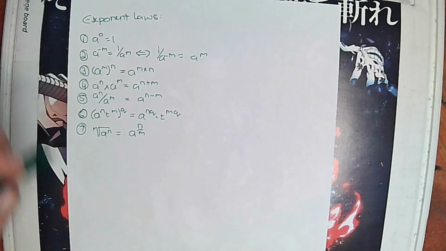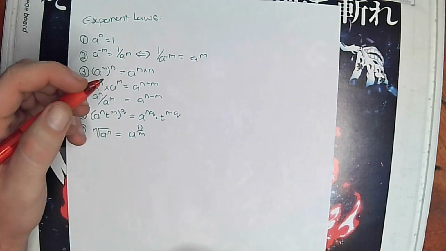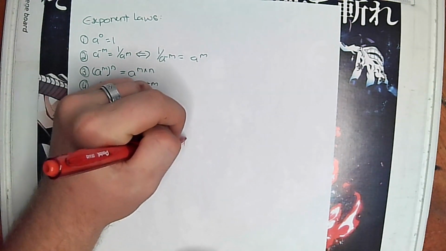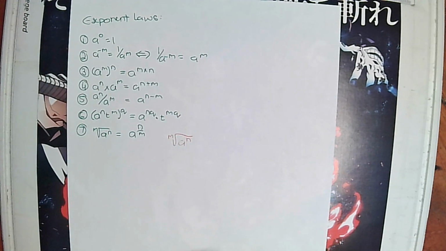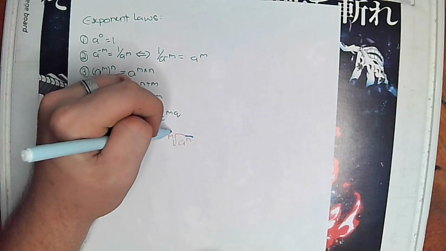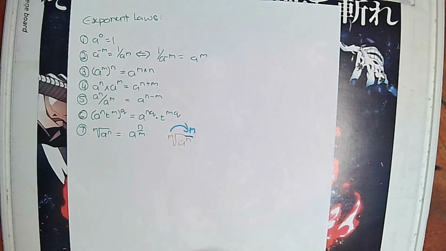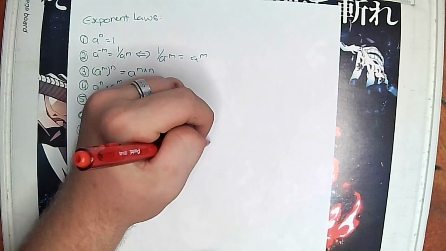Now, the way I always remember this is to say, okay, well, a to the power n is to the root m. So I see this line as a fraction divider, and I bring the m to the top, and then when I rewrite it, I just flip it in my mind, and then I flip it on the page.